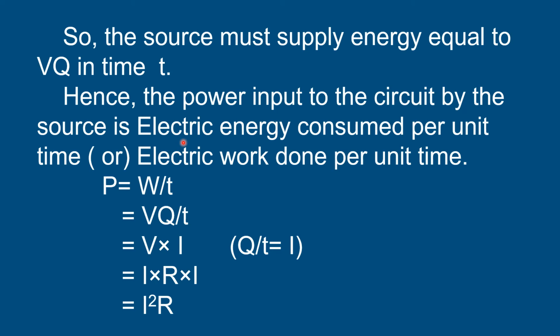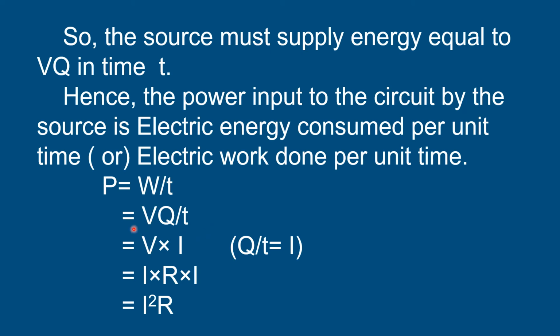So the power in the circuit is equal to the work done per unit time. So P is equal to W by t, and we know that W is equal to V into Q by t, and Q by t is equal to I from Ohm's law.